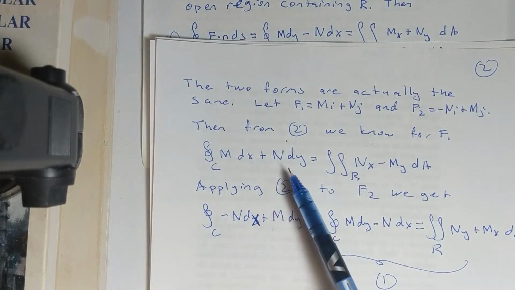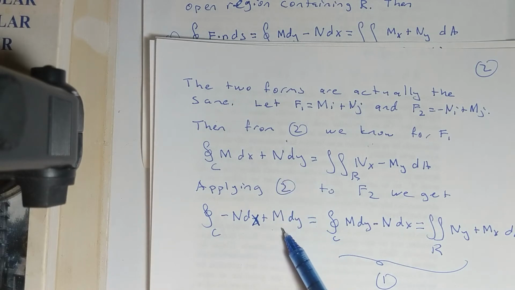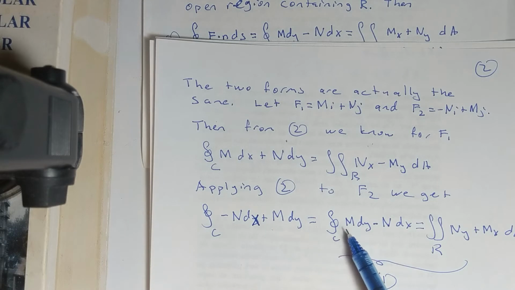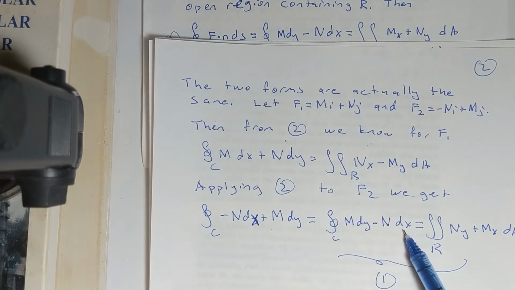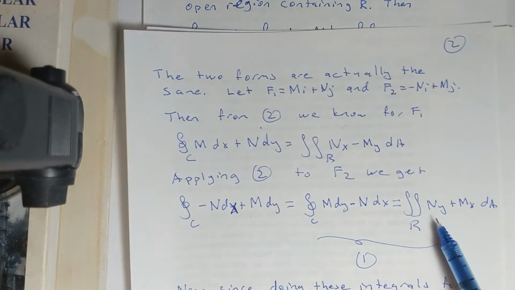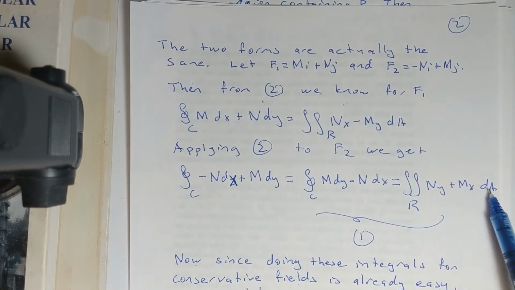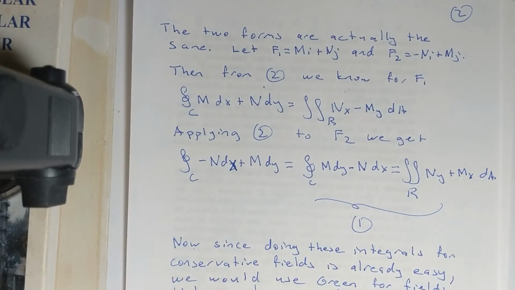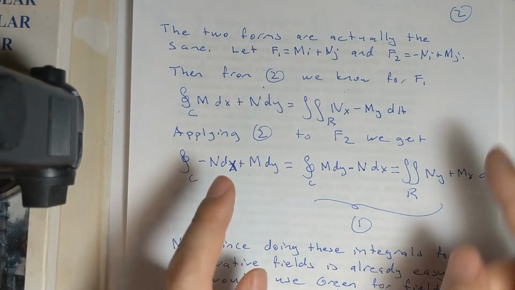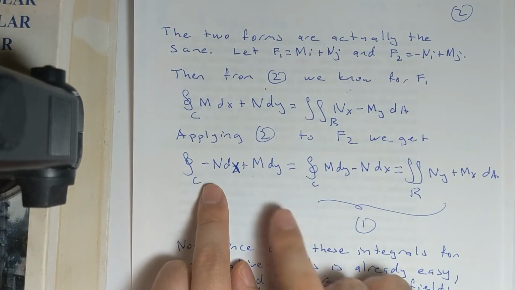So now I have M dy minus N dx, and that's going to be equal to M_x plus N_y dA. So that's going to be the first equation as we saw it. So the whole idea is just switching them around in the formula.